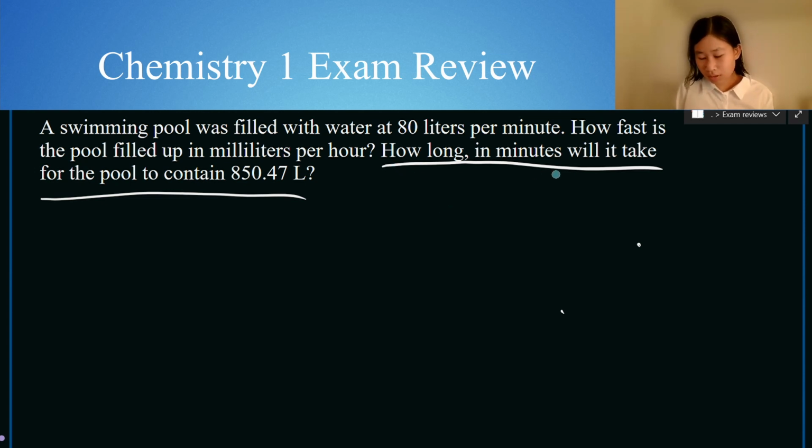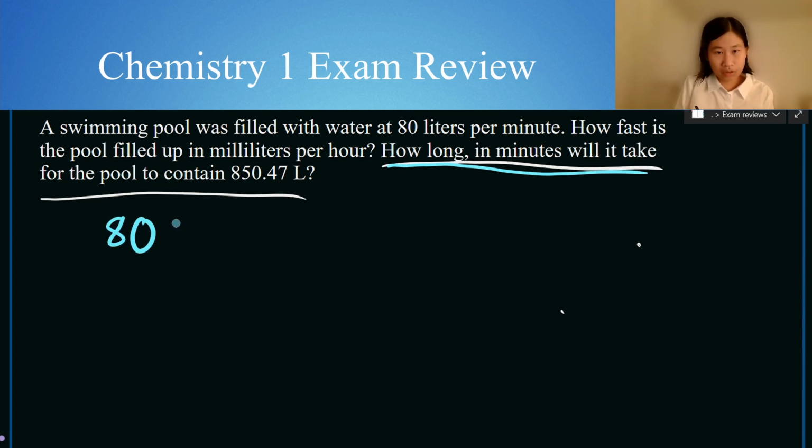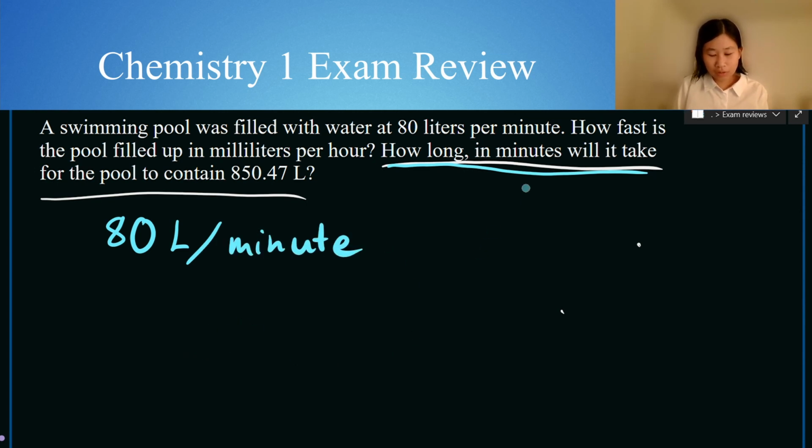Okay, so let's tackle the second part of this question. How long in minutes will it take for the pool to contain 850.47 liters? All right, so we know that this pool is filled up with water at 80 liters per minute. So the question becomes, how many minutes is it going to take for the pool to have this much water.